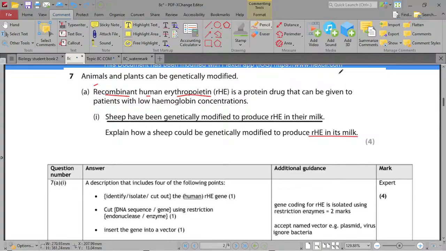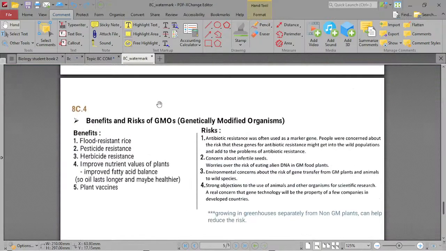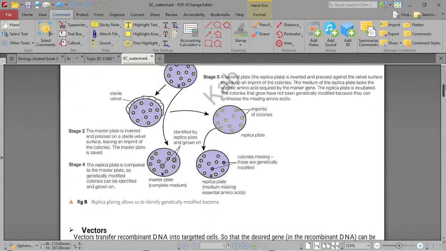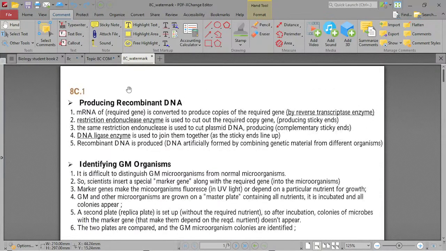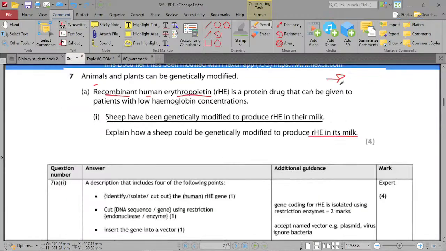Okay. So I'll originally probably say, use restriction endonuclease to isolate the desired gene and to cut it out.